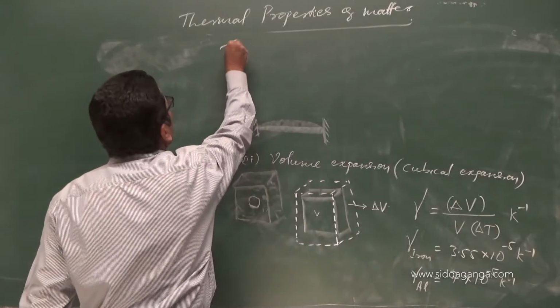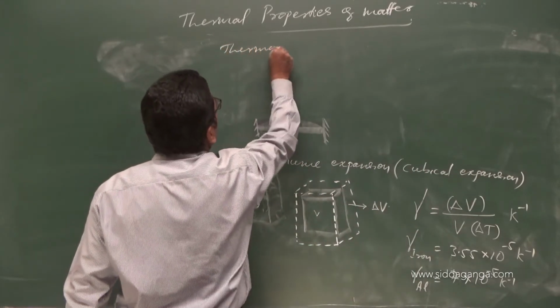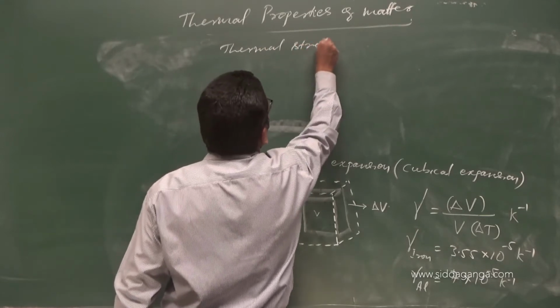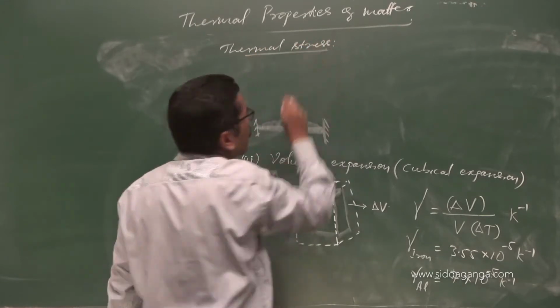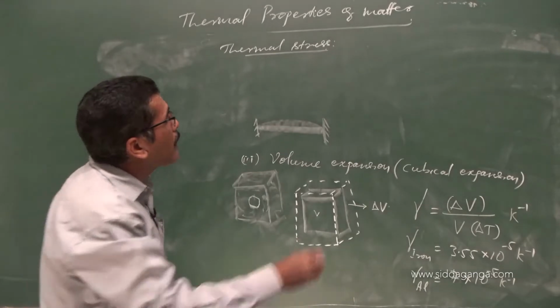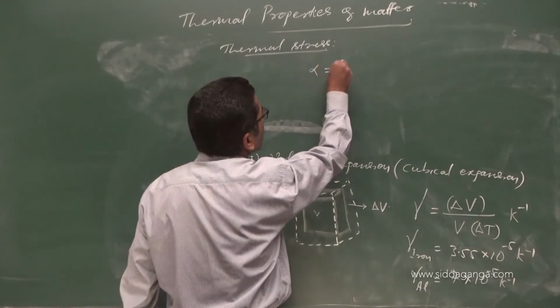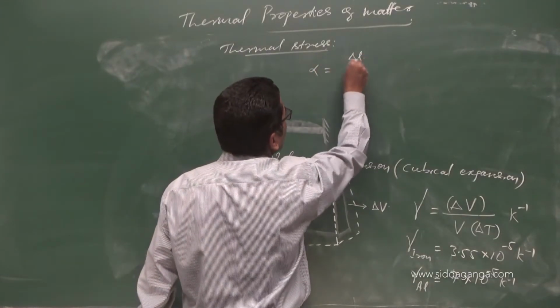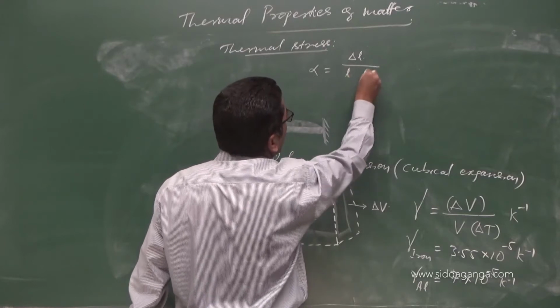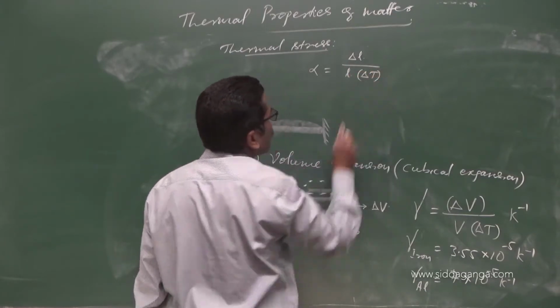We have thermal stress. Already you know that alpha is increase in length to original length per unit degree rise in temperature.